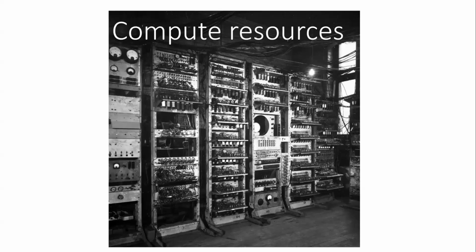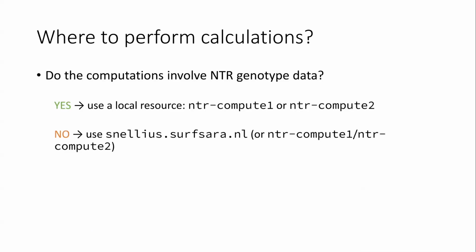Then some words on compute resources, and you have to think about this also when performing these scores. You have to take into account the sensitivity of the genotype data. So you cannot just have the genotype on a laptop that you also take with you on the bus or the train.